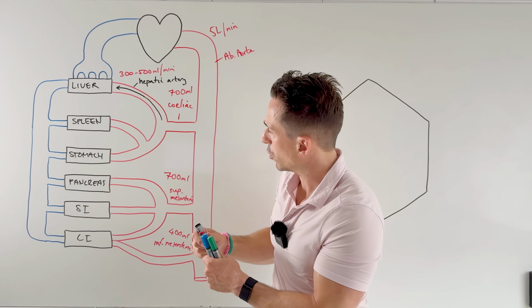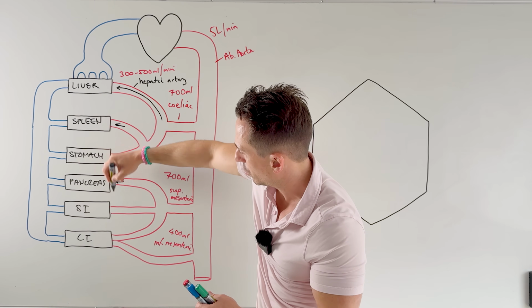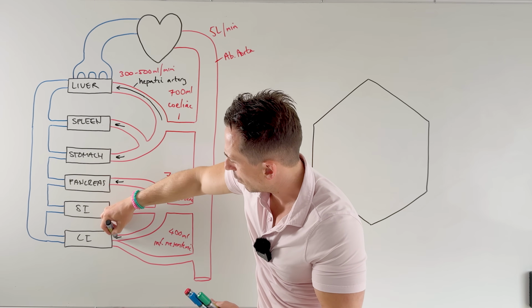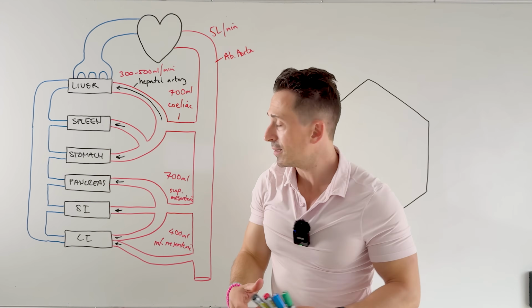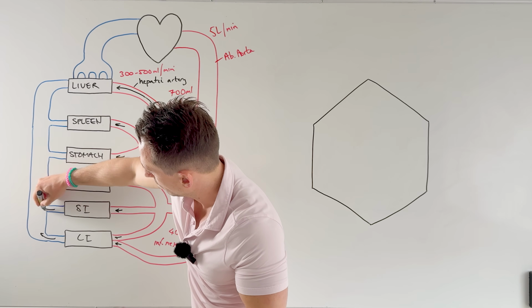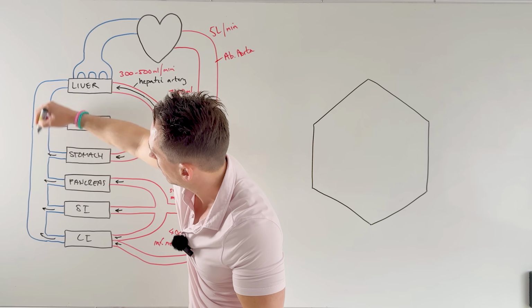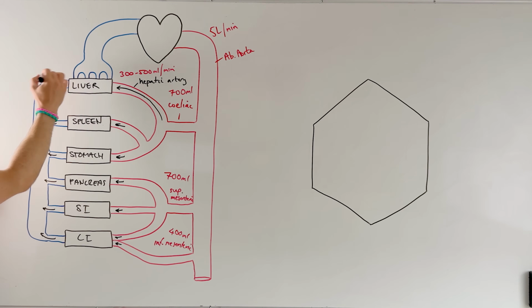This blood is going to all of these various structures to give them oxygen and nutrients and so forth. But what we know is that a lot of these structures will also drain into veins, and they all drain into the one vein. What is this vein? This is called the portal vein, importantly.